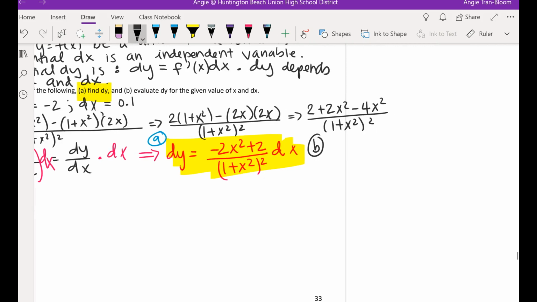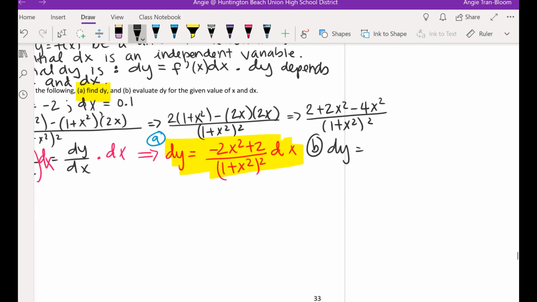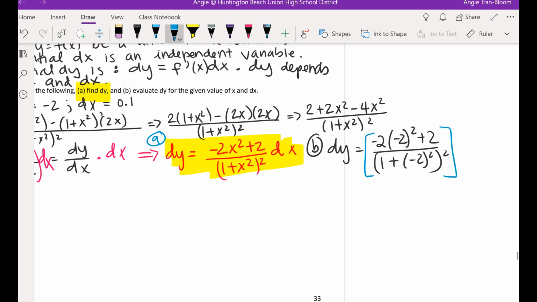All right, slowly, let's go. dy is -2 times -2 squared, because that's what x is supposed to be, plus 2 all over 1 plus negative 2 squared, all of that squared. Work that out first, and everything is going to be multiplied by 0.1, which is dx.